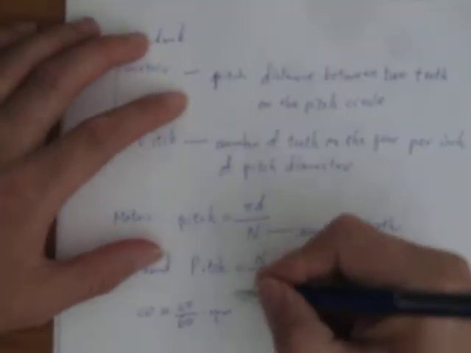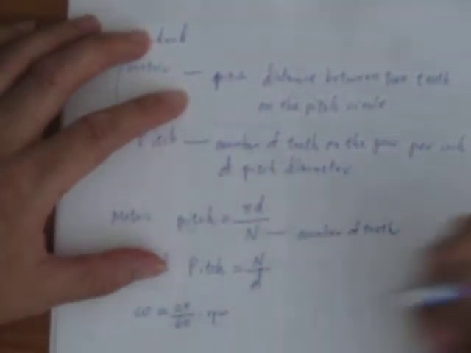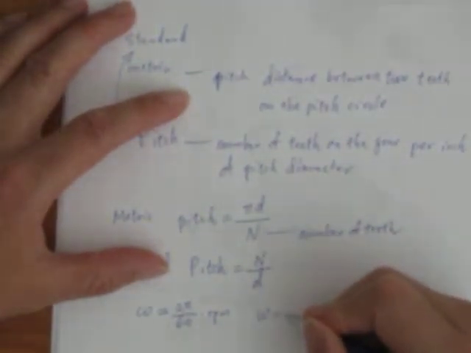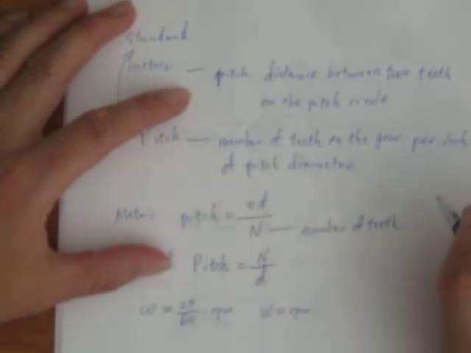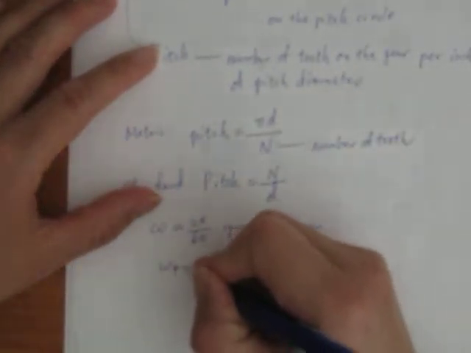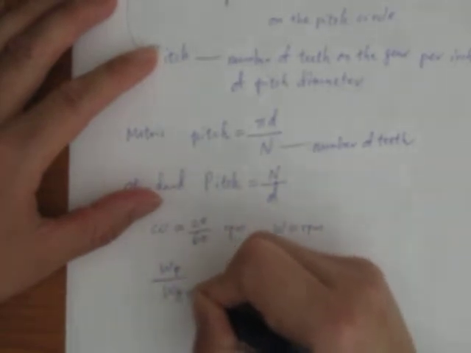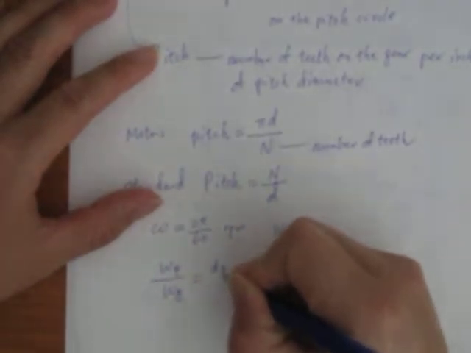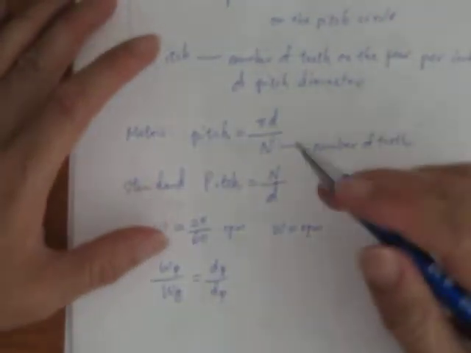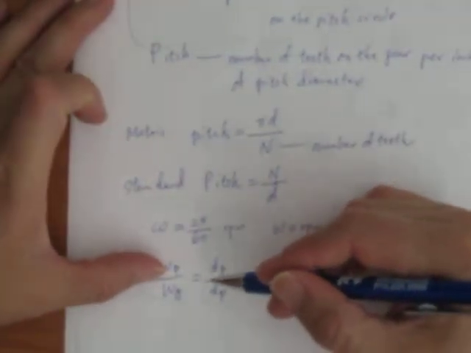The book uses W representing RPM. So apparently we will have WP over WG is equal to DG over DP. Okay, doesn't matter whether it's metric or standard.